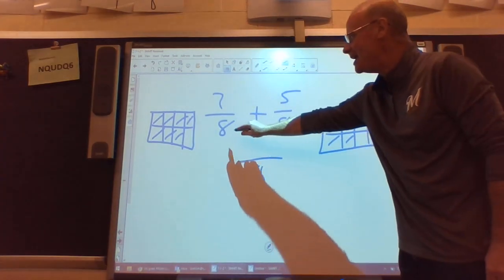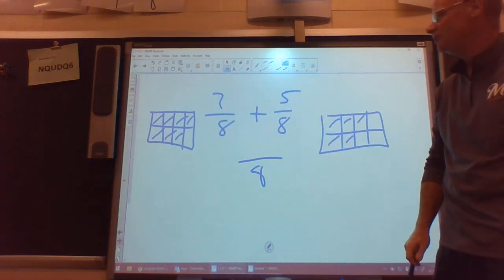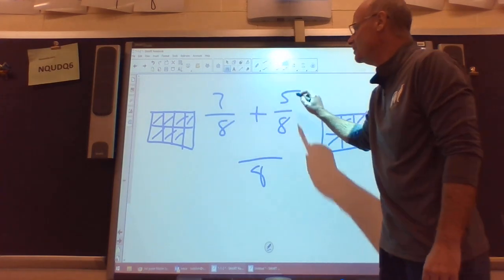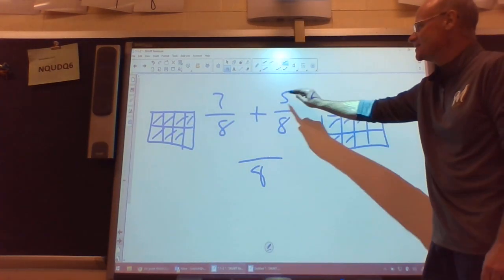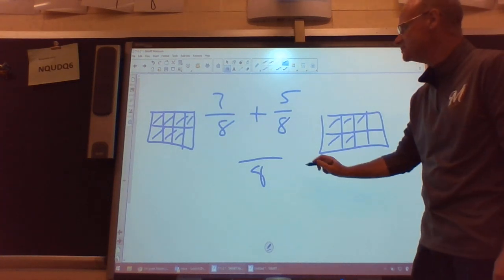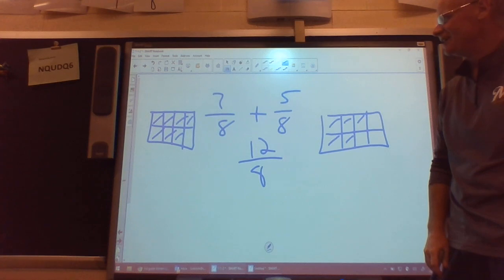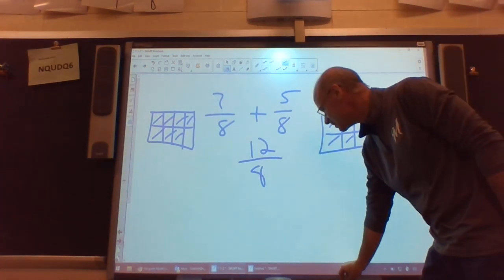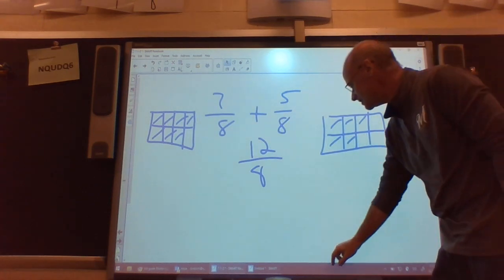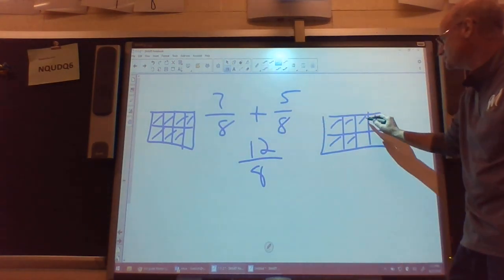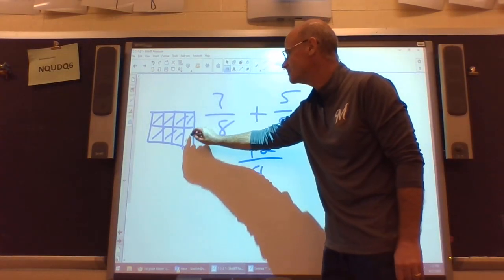So whenever I add fractions, I do not add the denominators together. I just have to add the numerators, because I have 7 pieces, and I have 5 pieces. So 7 plus 5 is 12. So I have 12/8. Now some of you are going to say, you know what? I can just take one of these pieces and move it over here.